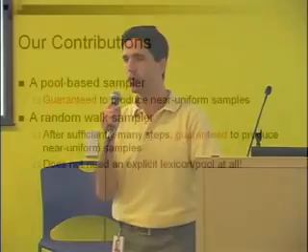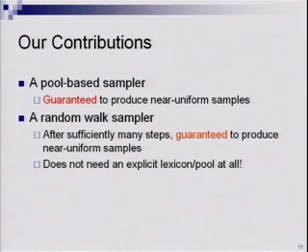So you just run the random walk for many steps and stop, and that's your sample. The main advantage of this sampler is that it doesn't need this pre-processing step. It doesn't need an explicit lexicon or query pool, so it's easier to run. However, it turns out that it's less efficient. It requires more queries to the search engine in order to generate each sample.